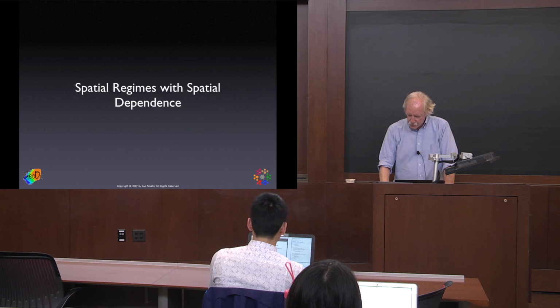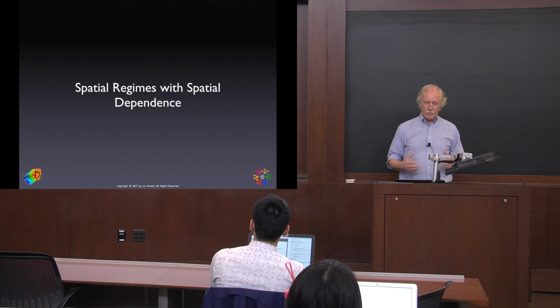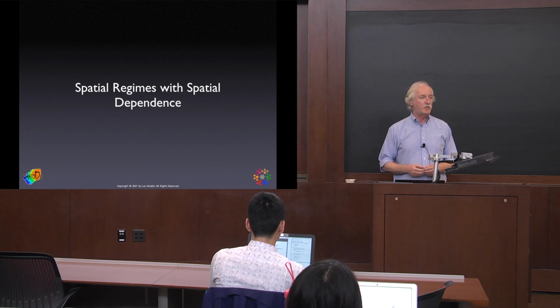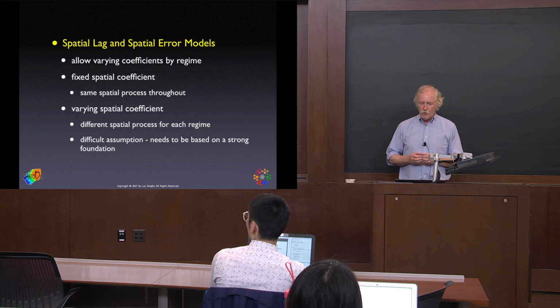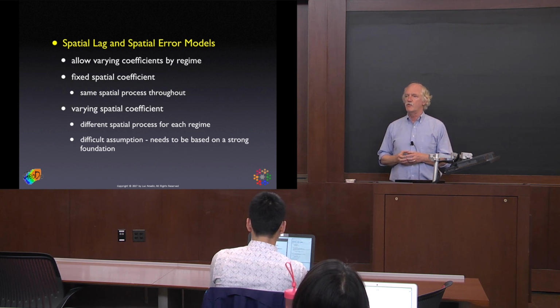So far we've applied this to general linear regression specifications, but now what happens if we move to spatial models? It's a little bit more complicated because we know how to deal with the beta, so to speak. We know how to deal with the regression coefficients.